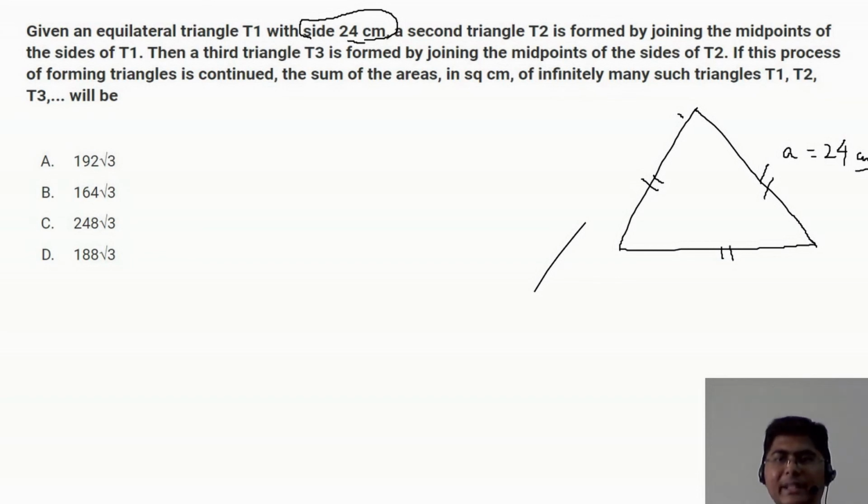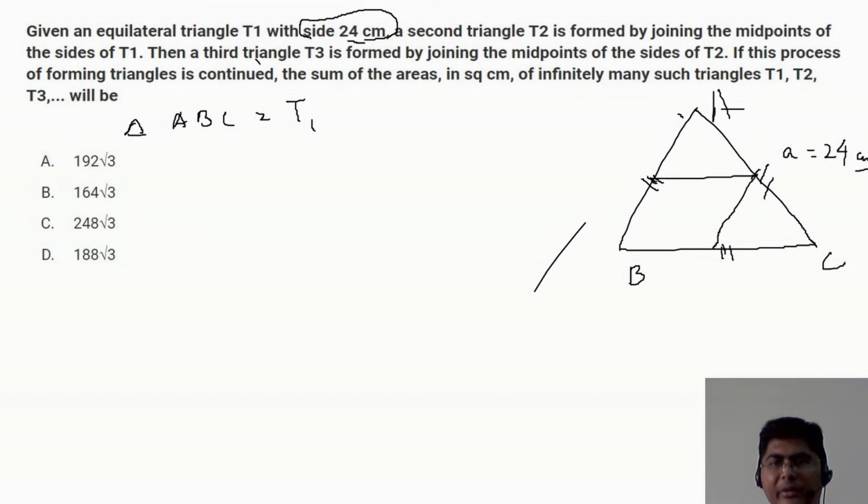Now this is T1. Let's say A, B and C. So triangle ABC is T1, right? What is T2? This is the midpoint, this is the midpoint and this is the midpoint. So let's create another triangle. So this is D, E and then F. So triangle DEF is equal to T2.